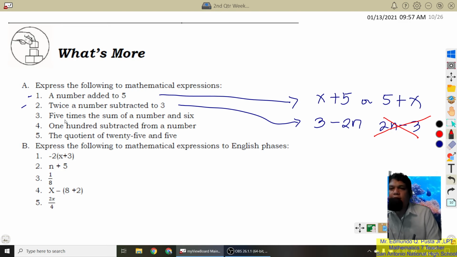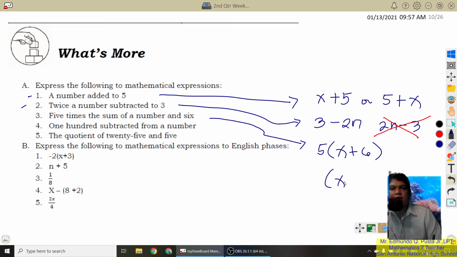Okay, next one. 5 times the sum of a number and 6. Okay? 5 times the sum of a number and 6. Ayan. So, 5 times ng number and 6. Okay. So, sir, ito ba pwede magkapalit?